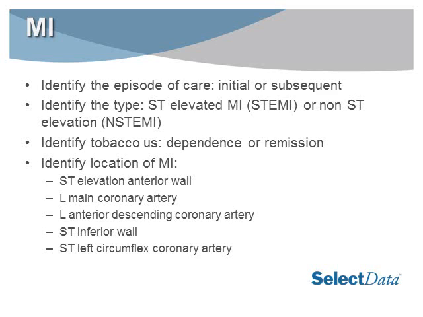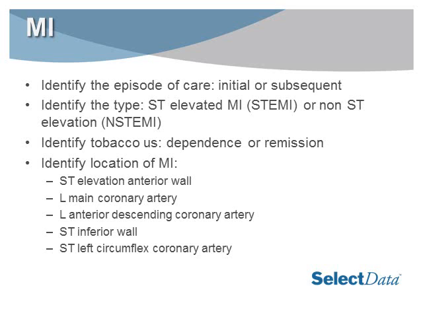For MIs, you must identify the episode of care, whether it's initial or subsequent. As we stated, the definition of subsequent has changed from being just for the initial MI to only if the patient has suffered another MI within 4 weeks of the first MI. You must identify the type, whether it's ST elevated or non-ST elevated.